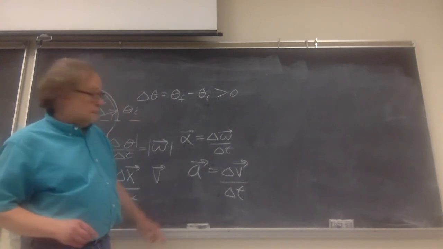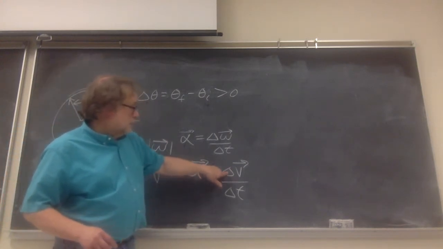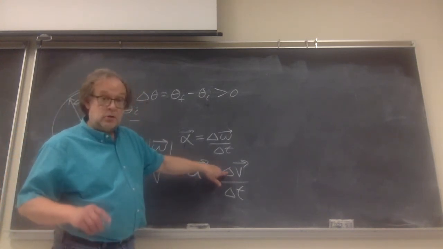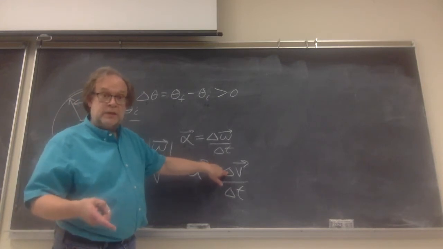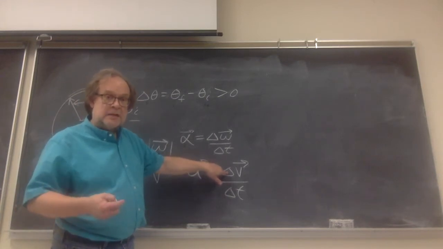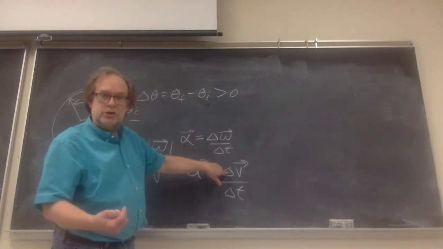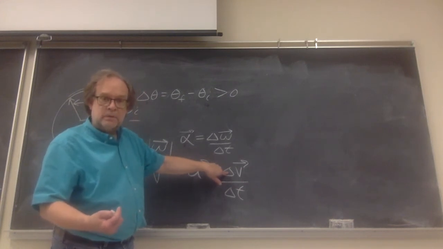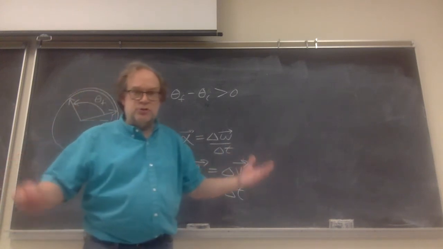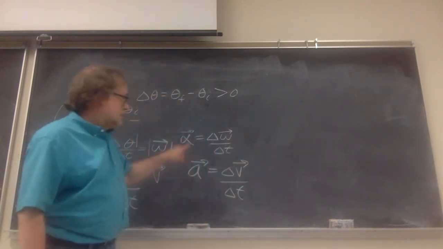And furthermore, we remember that this delta V, we should think of that delta V as extra velocity added on to the original velocity in order to make the velocity change, because acceleration measures change in velocity. Same thing here.